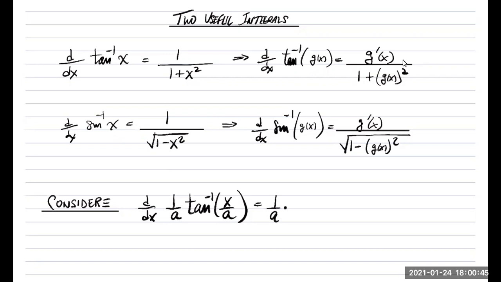But otherwise, using the formula above, the derivative of the inverse tangent is the derivative of the argument, which in this case is 1 over a, divided by the quantity of 1 plus the argument squared. All right, now I'm going to clean that up.